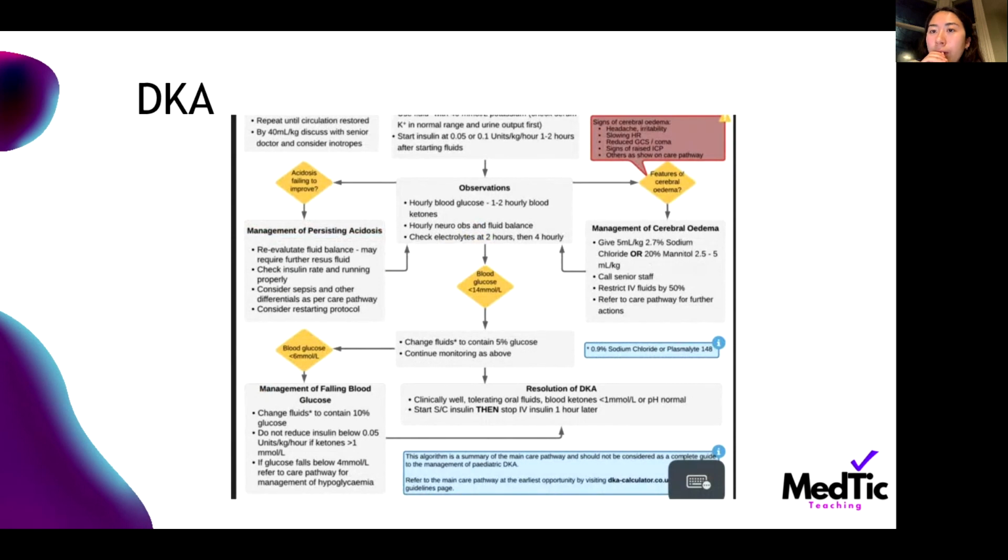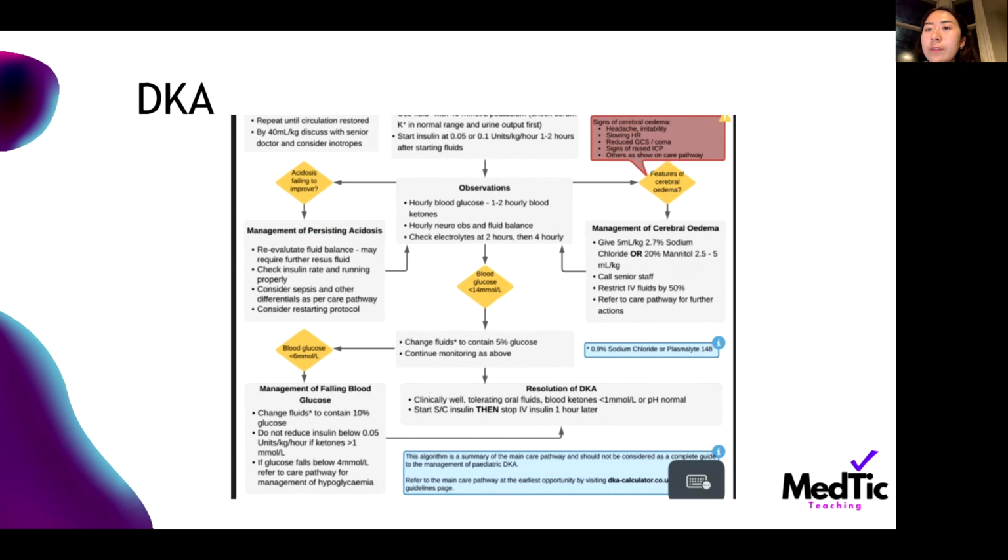So moving on, once you've started fluid replacing, then you've started the insulin replacement, you're going to want to keep a close eye on them. It's a very intensive process. You need 1 to 2 hourly blood ketones, neuro-obs, fluid balance, and you just want to see, are we improving things in terms of the acidosis, the ketones, and the glucose?